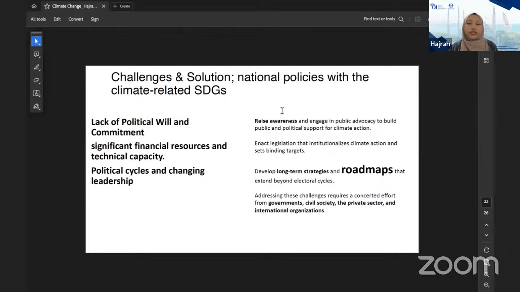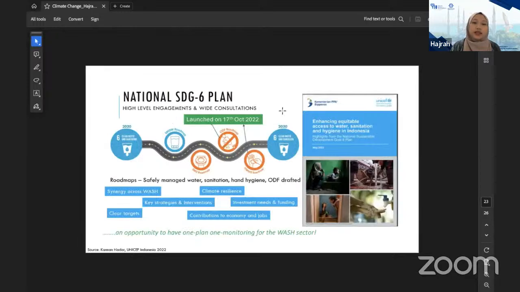So if the leaders change, then we need to explain again to the new leaders what the issues are and what we should do to overcome them. So one of the solutions is creating roadmaps, as you can see here for the National SDGs Plan of Indonesia.